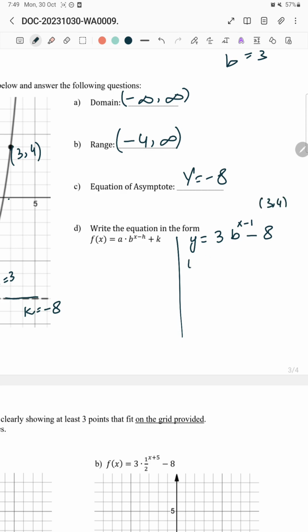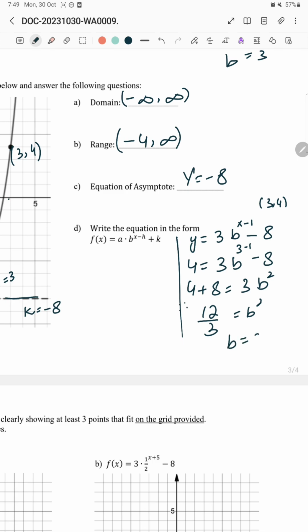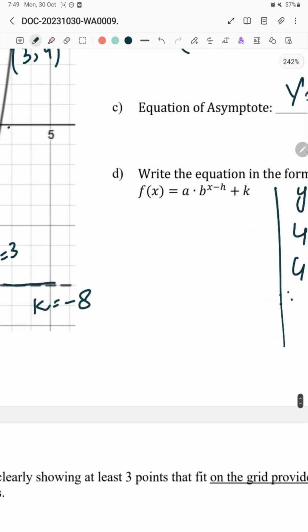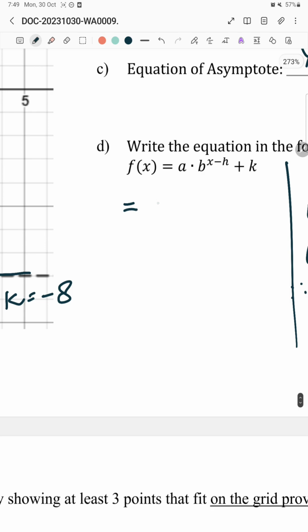So it's going to be 4 is equal to 3b to the power 3 minus 1, minus 8. 4 plus 8 is equal to 3b square. So b is equal to 2. So the equation can be written as 3 into 2 to the power x minus 1 minus 8.